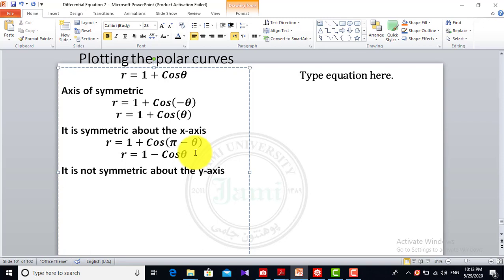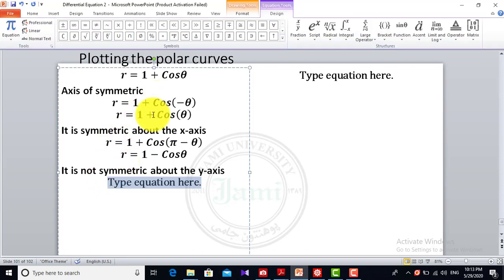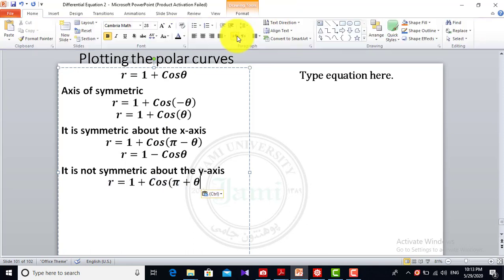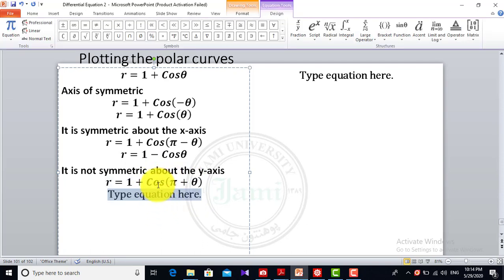So then the last step in the first stage, what I will have to do, I will check whether it is symmetric about the origin or not. I will be writing r equals 1 plus cos of, in place of theta I will substitute pi plus theta. So this equation, cos of pi plus theta is nothing but minus cos theta, that's a formula.